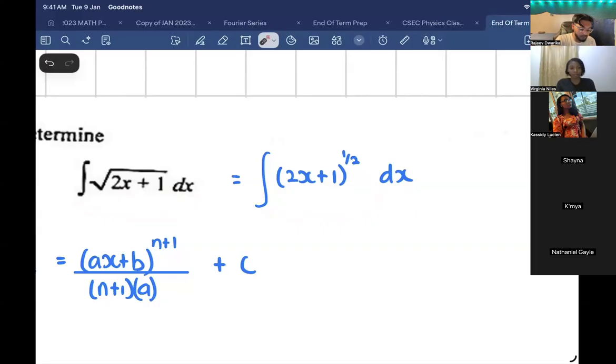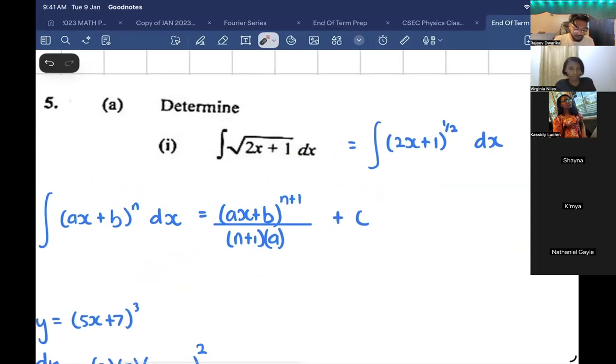So instead of writing the square root of 2x plus 1, I wrote 2x plus 1 to the power of a half. I didn't integrate yet. Why do you think I'm putting it in this explicit form? So that we'll be able to do the reverse chain rule, the opposite of the chain rule.